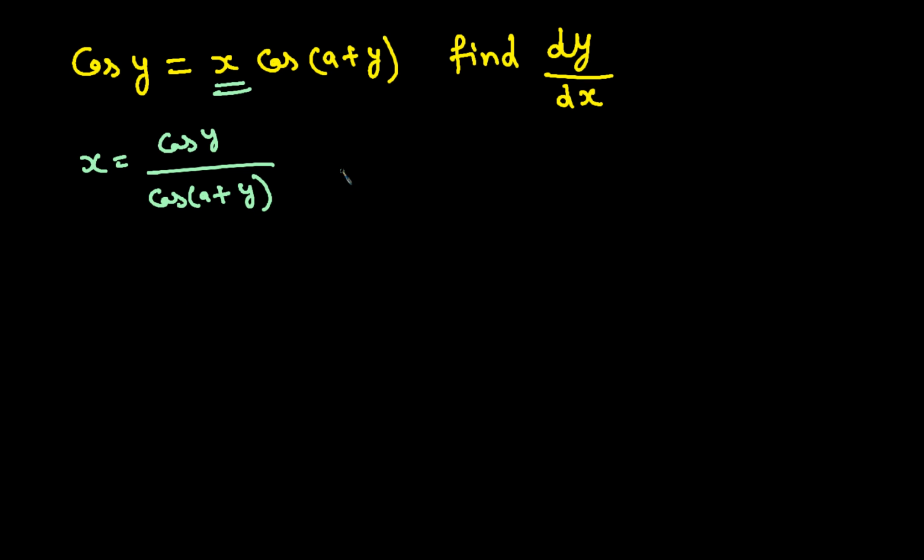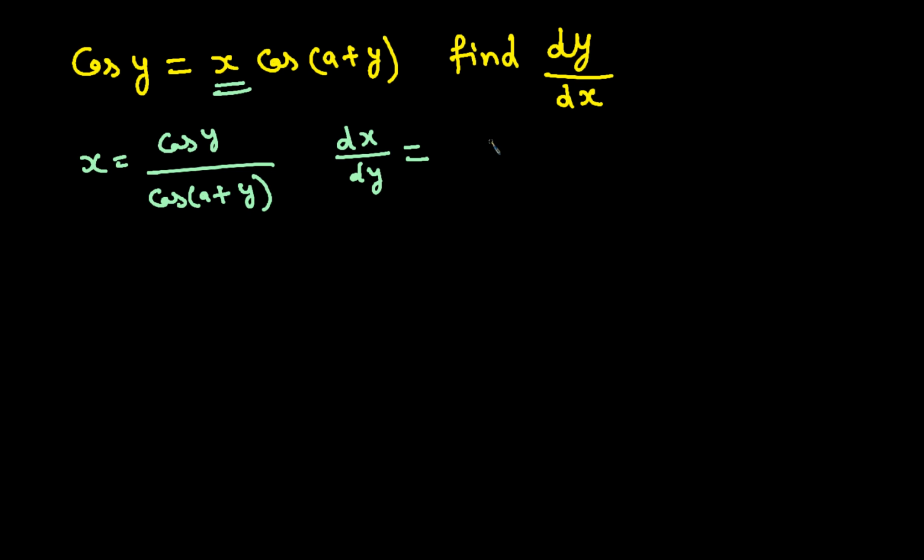And what we're gonna do here, we are going to find dx over dy, and at the end we're gonna just flip it, and that'll give us dy over dx. All right, and in this case we're gonna use the quotient rule. Remember, the derivative is denominator into derivative of numerator minus numerator into derivative of denominator, divided by square of the denominator.